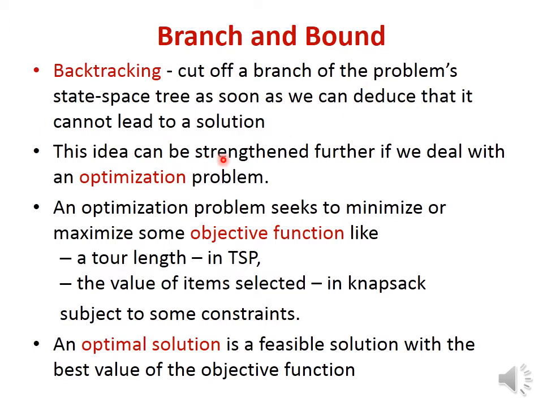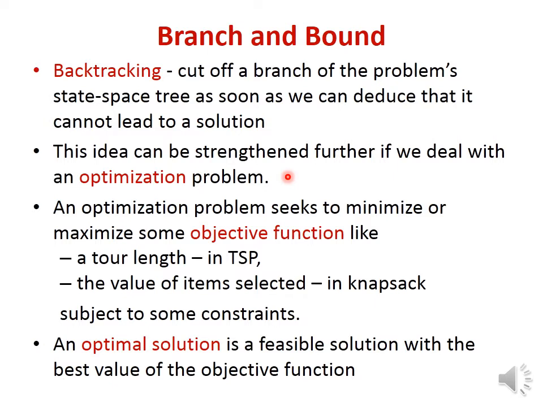This idea can be strengthened further if we deal with an optimization problem. Branch and bound is a concept that we can adopt for some optimization problems. Optimization problems mean there are multiple solutions and we need the best solution based upon the objective function.